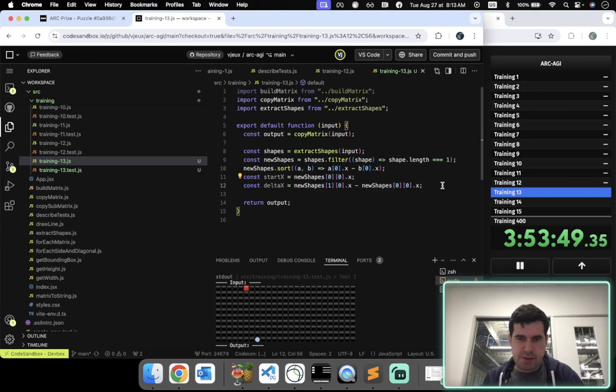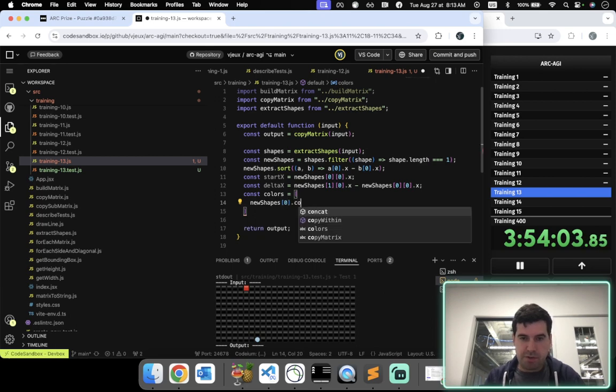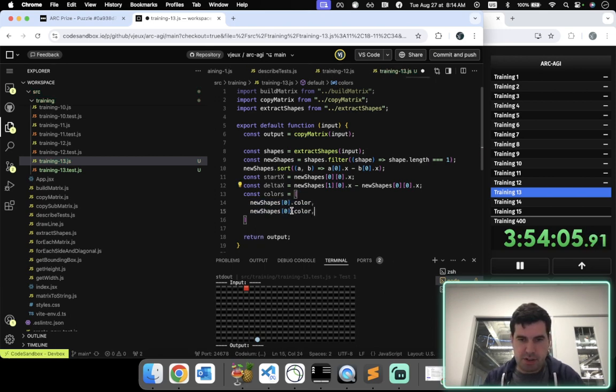And so now the colors are going to be the first shape color and the second shape color. Okay. And so now we need to iterate and draw a bunch of lines.